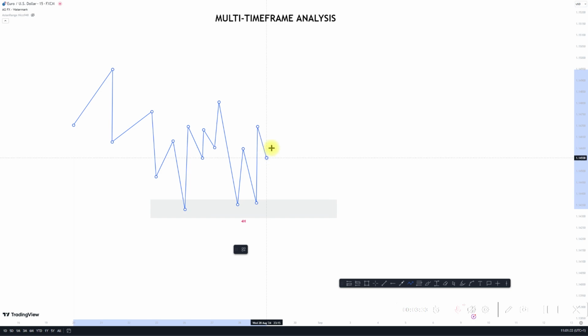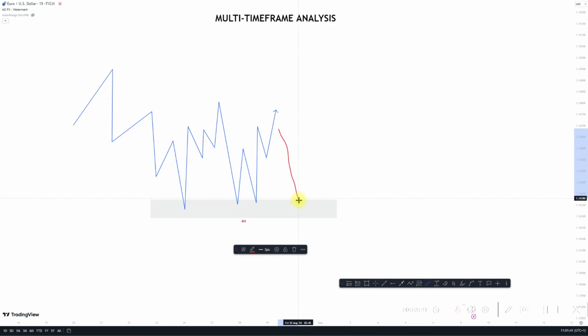So I'm expecting that if this market, let's say the market is currently here, should try to retrace back into this zone, I'm going to take a buy. That is definitely what we all do, taking a buy from support and then you sell from resistance.